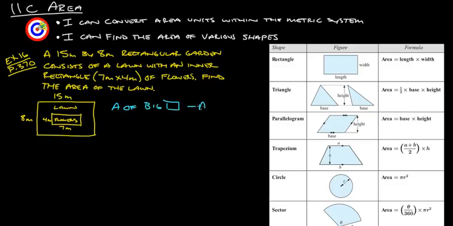And then subtract the area of the small rectangle. So area of the big rectangle is 8 by 15. And then again, we're going to subtract the area of the small rectangle, which is 4 by 7.